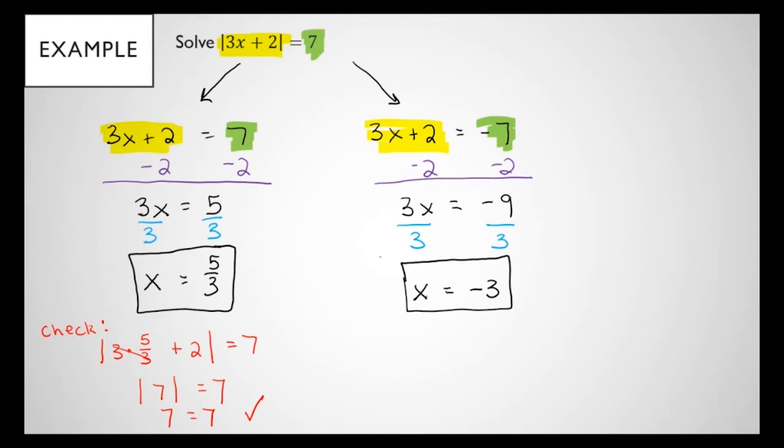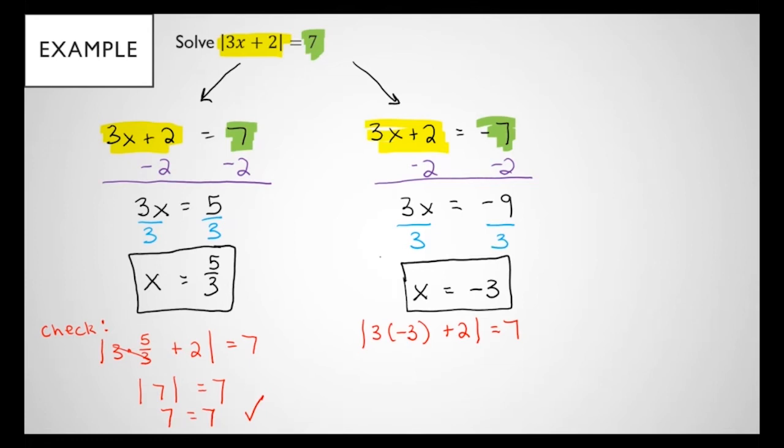So now let's check the second answer we have to make sure it works. So I've got the absolute value of 3, and then I'm times -3, because that's 3 times x. So I put parentheses around it because it's negative. I don't want it to look like a subtraction. Then we have plus 2 equals 7. So I'm going to simplify the left side.